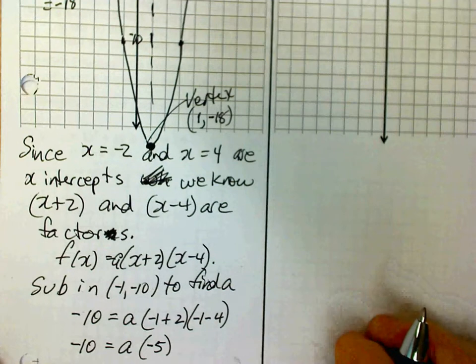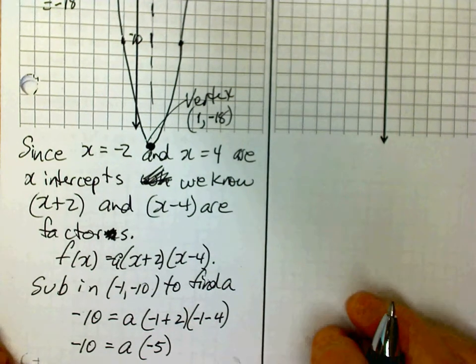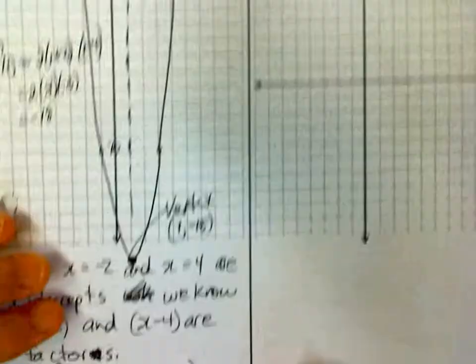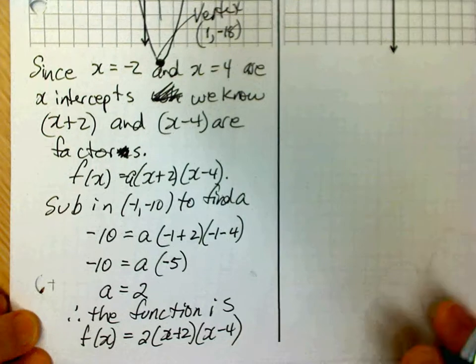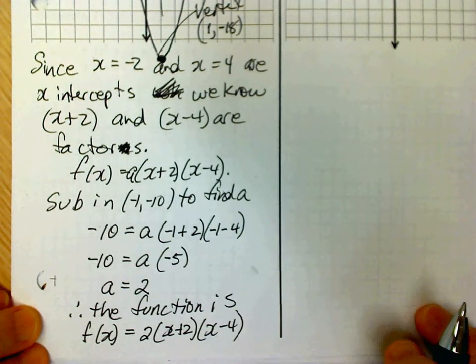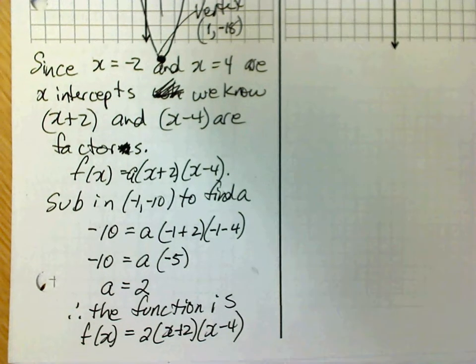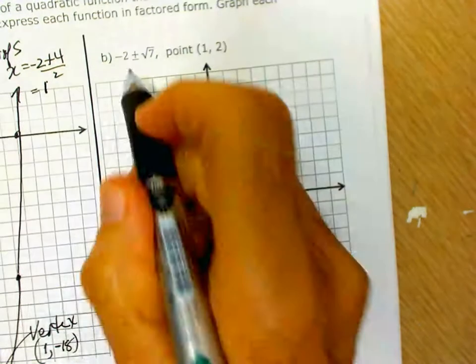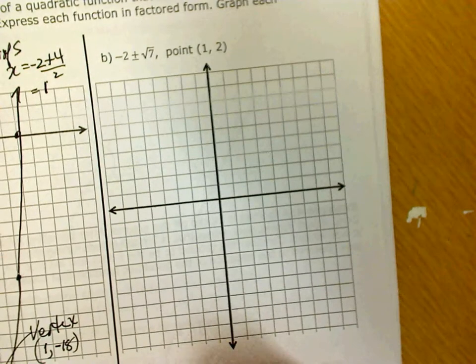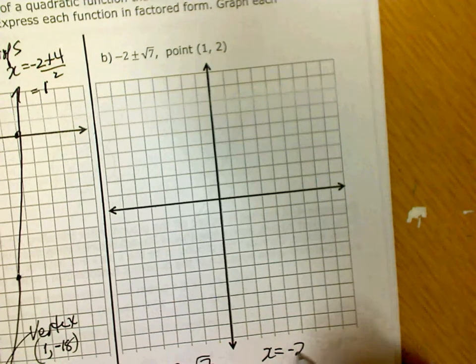Let's try one more. The x-intercepts are radical expressions in number 2. Does anybody have questions? Okay. So we know x-intercepts are x equals -2 plus √7, or x equals -2 minus √7.